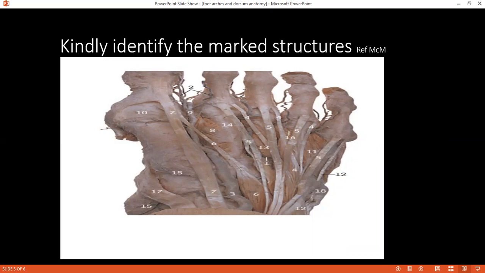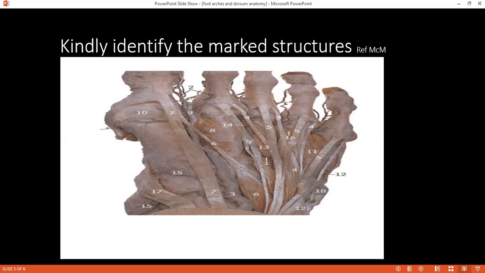Now identify number 6. Number 6 is extensor hallucis brevis. Very good. One more, 5, I want you to identify. 5 is the extensor digitorum longus of the third toe.